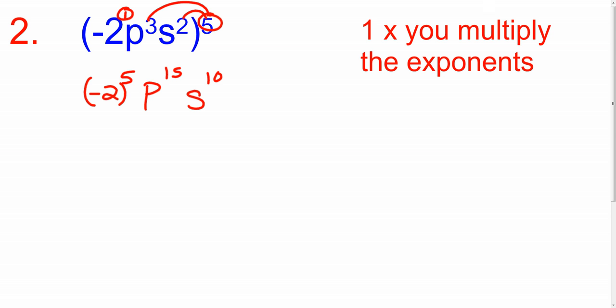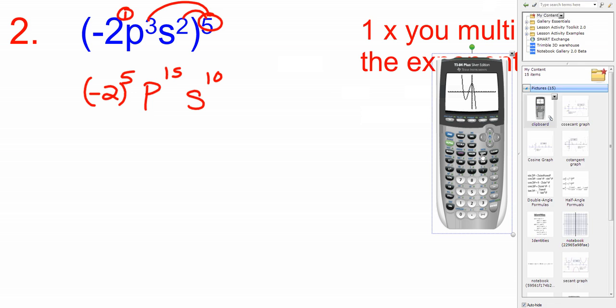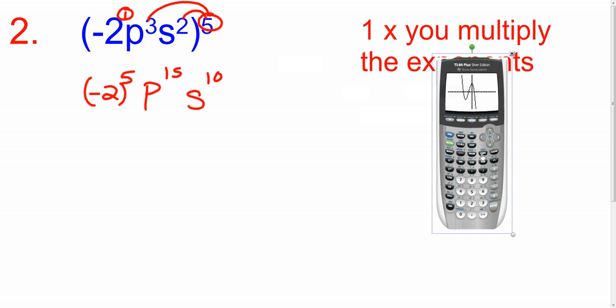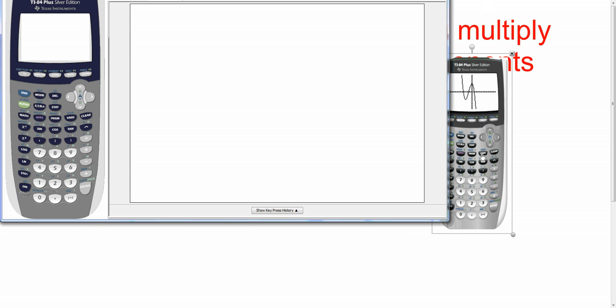So then negative 2 to the fifth power, if you put that into your calculator, you can do that. In fact, I can show you how to put that into your calculator, just in case you don't know. You obviously can do negative 2 times negative 2 times negative 2 five times if you want, but that takes a while, and then you have a hard time keeping track of what you've pressed and what you haven't pressed. So let me just show you how to put this onto your calculator. You will put the negative 2 in parentheses.